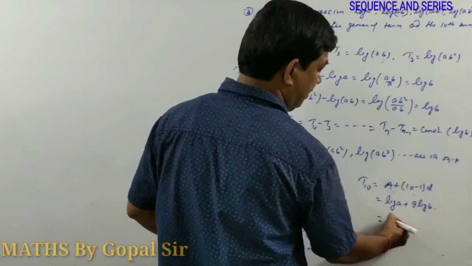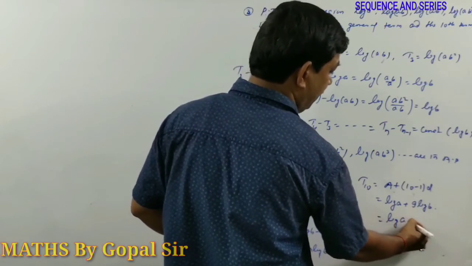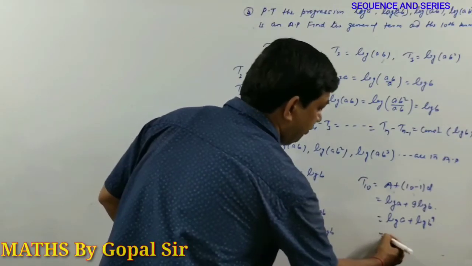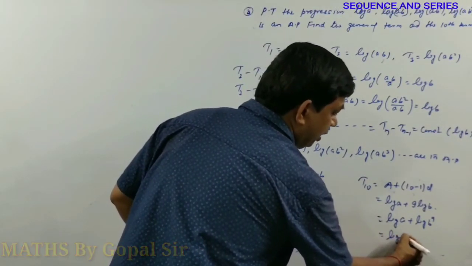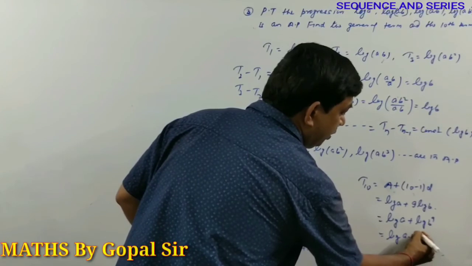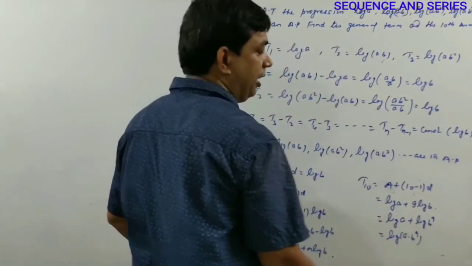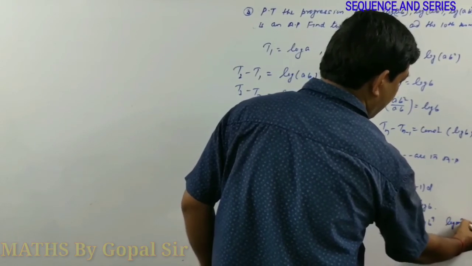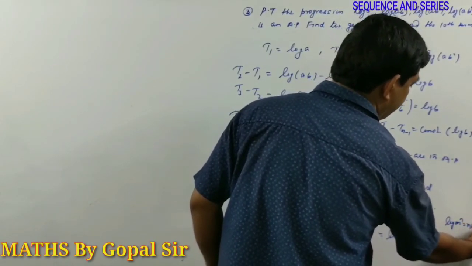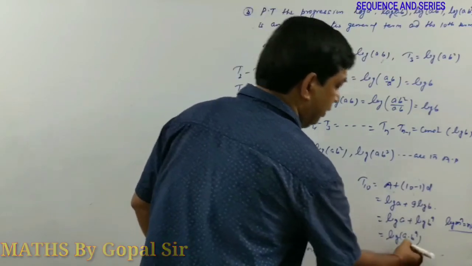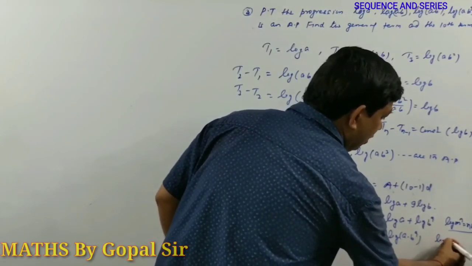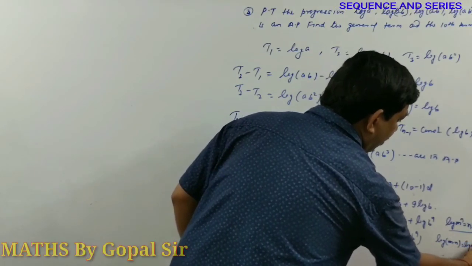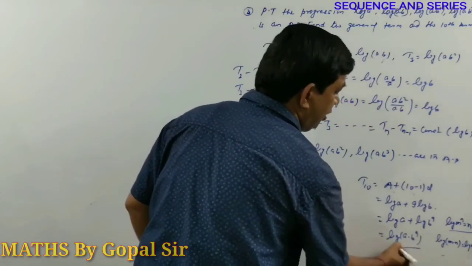We can write this as log a plus log b to the power 9, and then log a into b to the power 9, because of one property. I applied two properties of log. First is log m to the power n is n log m. After that, I applied log m into n equals log m plus log n. So this is your 10th term.